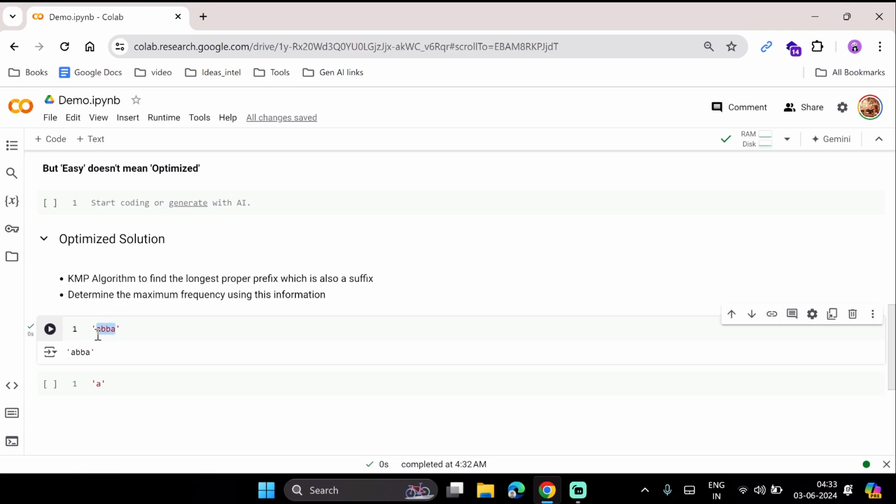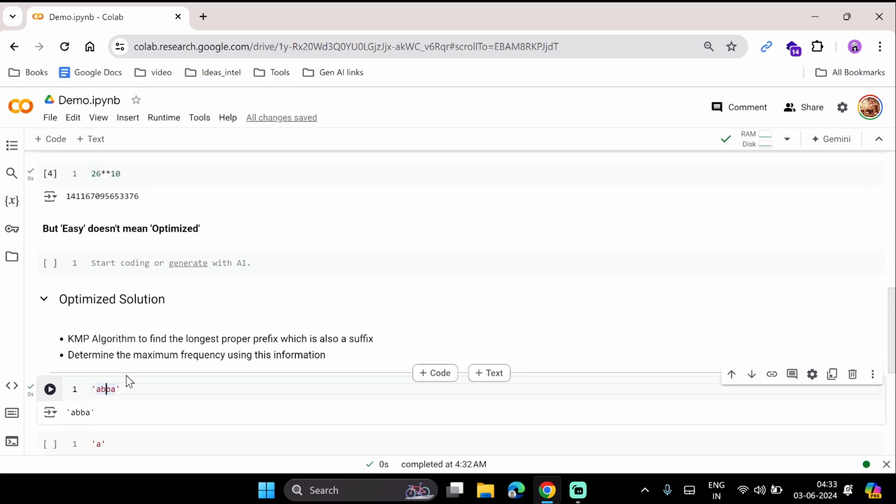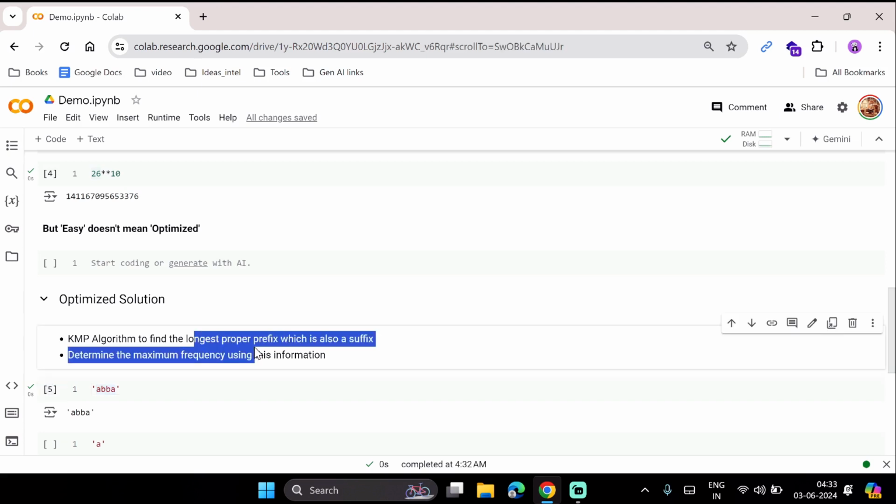So A can be thought of as both prefix as well as suffix. Now, when I go to AB, AB is a prefix, but you can't find AB as a suffix. There is a suffix called BA, right? So this is what we are trying to find: for a given string, what is the longest proper prefix which can also be a suffix.